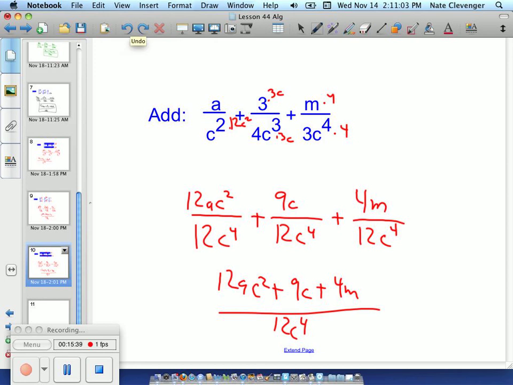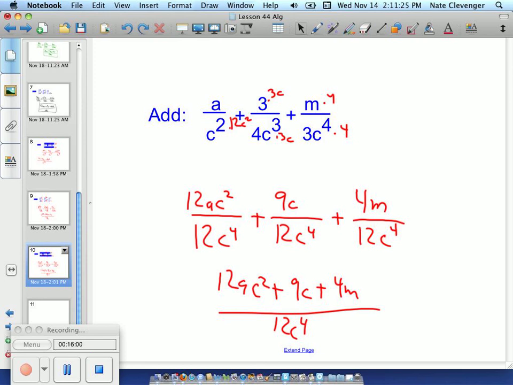Would our answer be wrong if we didn't put it all over 12c to the 4th? If we just circled it like... No, it wouldn't be wrong, but I want you to clean it up. It looks better.